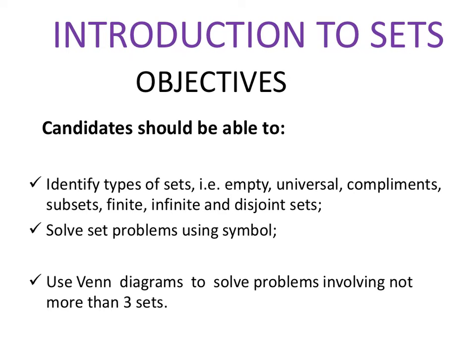These are examples of the types of sets. They should be able to solve set problems using symbols. They should be able to use Venn diagrams. Venn diagram is for the next section. So let's continue.